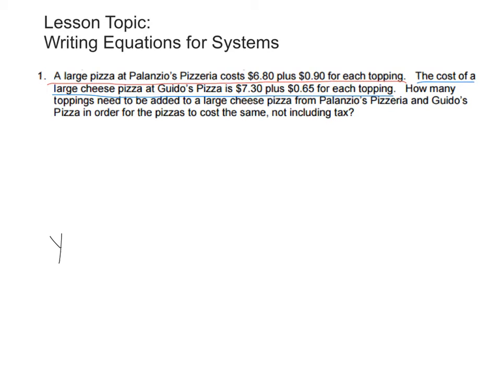Keep in mind that our three types of equations are slope-intercept form. Remember that slope-intercept means that we've got some kind of original amount plus something being added or subtracted over and over. Or we've got point-slope form, and point-slope form is often used when we have a certain amount that we know at a point, which is typically not the starting point, so that'd be our x1 and y1, and we also know a rate of change, or we have two data points.